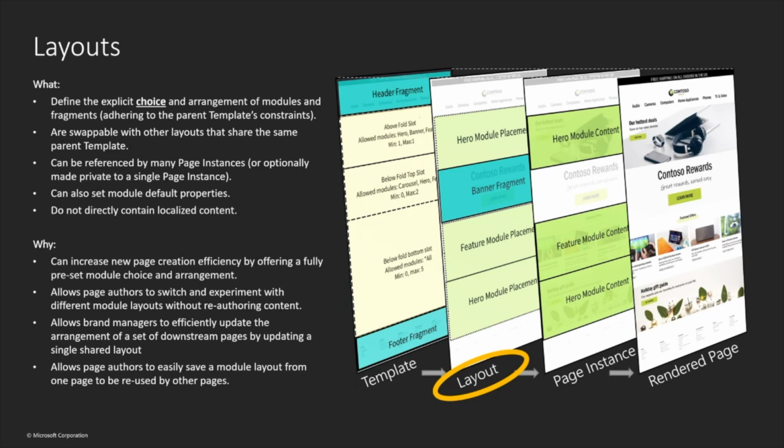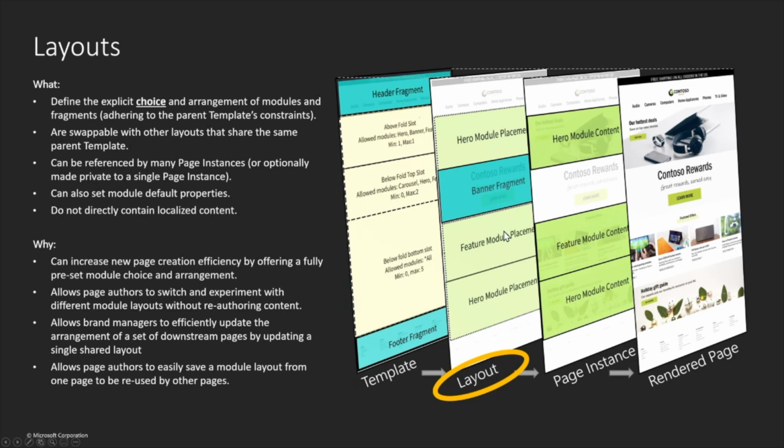So there are some extra steps there for a page author to choose between the 10 or 20 different modules that are available, which may be the right thing for certain scenarios. But other times you may have a layout where you already know exactly which modules you want to use. If you use a preset layout, you're going to have all those modules ready for you as soon as you create that page from it, and you will not need to choose any other modules. You're just entering content at that point.